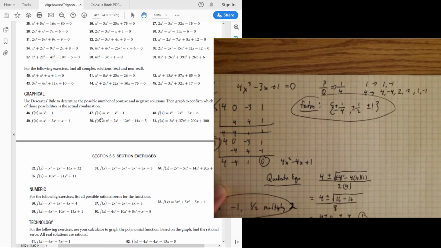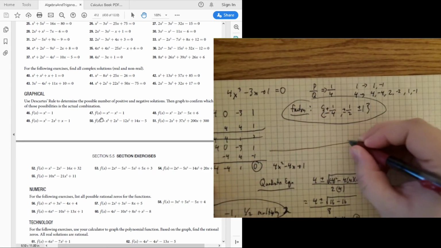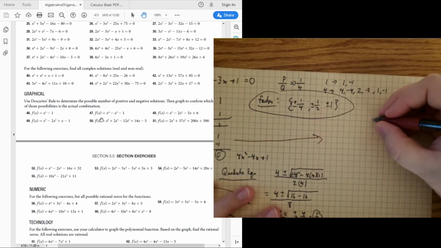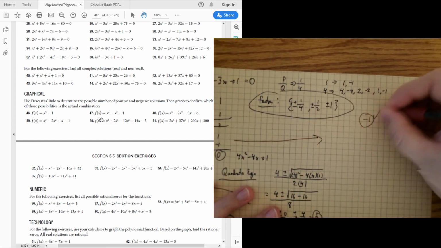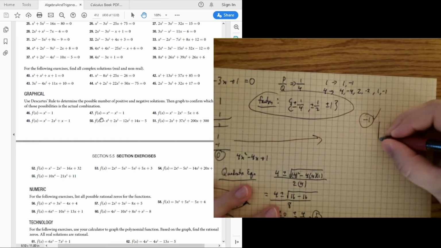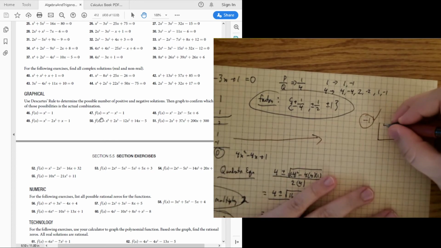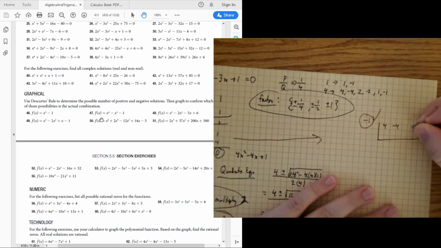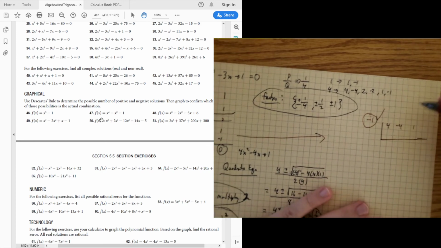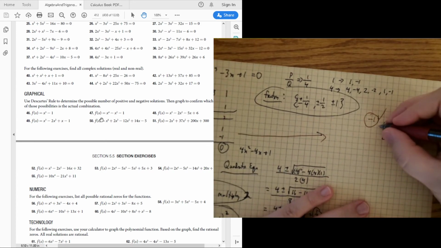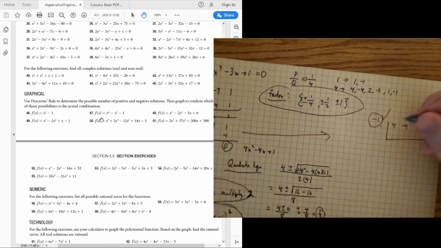If, however, I did not use the quadratic equation and I had tried negative 1 and it worked, and I was left with 4, negative 4, and 1, I could go back and try negative 1 again to check to see if it has multiplicity, because I know negative 1 worked once. Why not check it again?